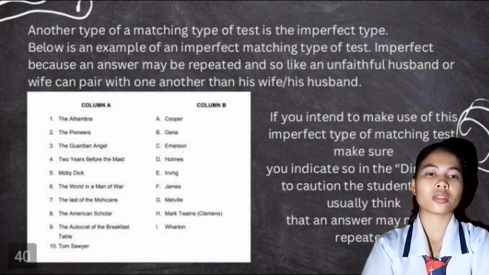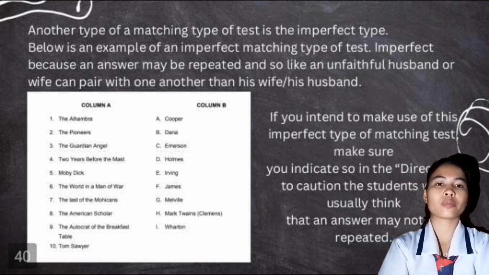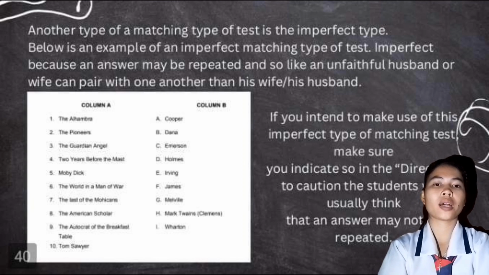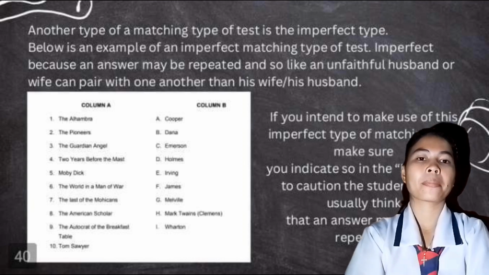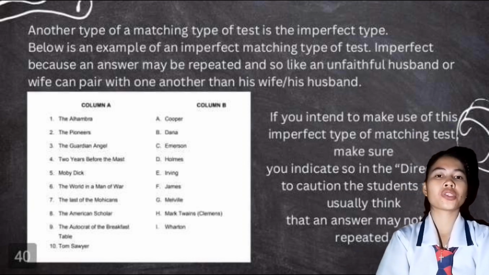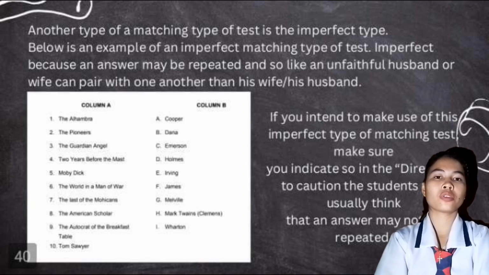Write the letter of the author which corresponds to his work on the blank provided before each author. So, if you intend to make use of this imperfect type of matching test, make sure you indicate so in the direction to caution the students who usually think that an answer may not be repeated.